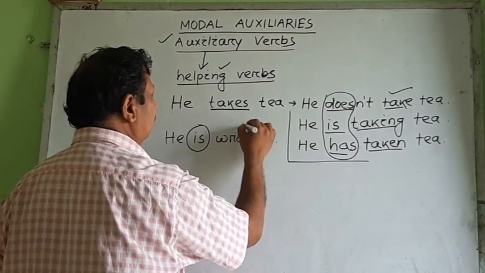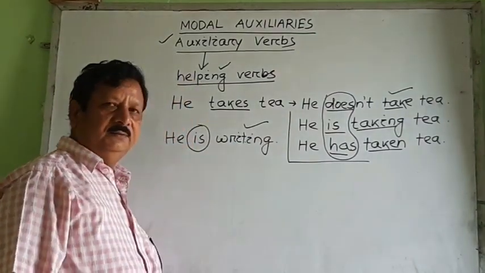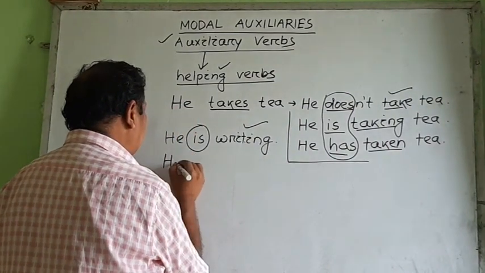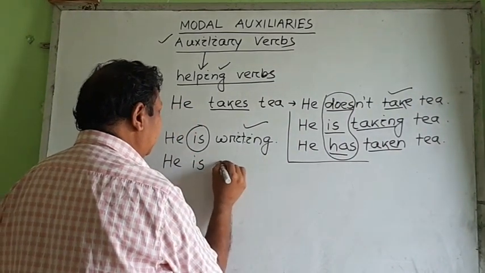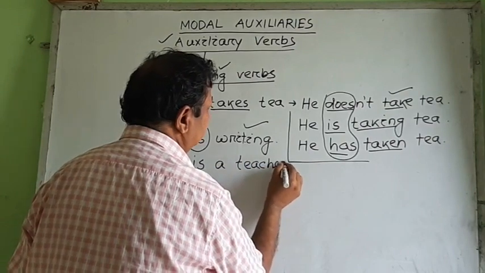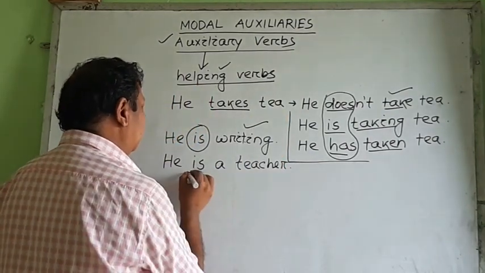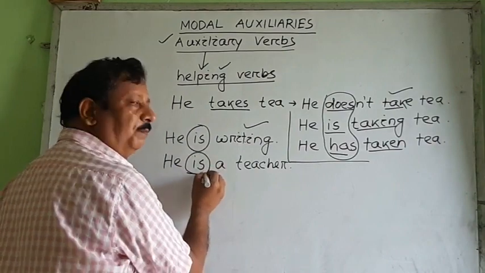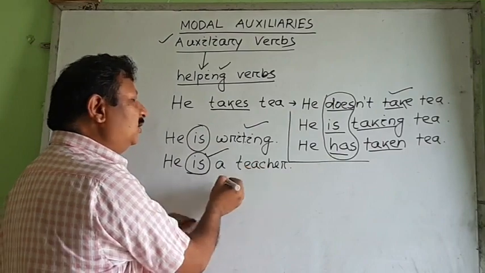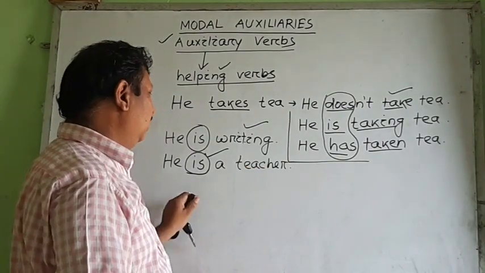It helps the main verb write. But when I write that particular verb, he is a teacher, then see, here is acts as a main verb. Without this, we cannot write, the sentence becomes meaningless. He a teacher.